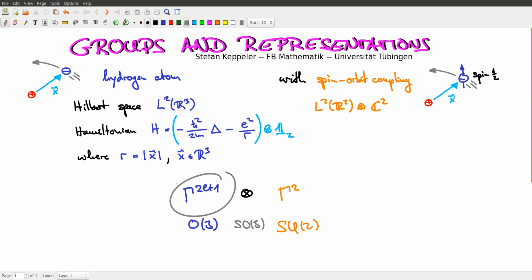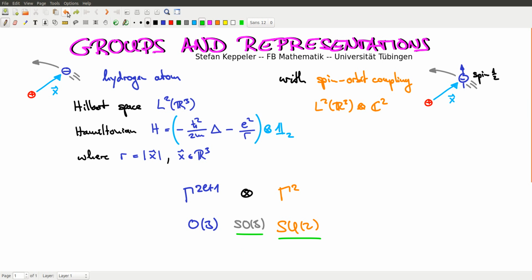We can also view them as this. And now there is a relation between these groups SO3 and SU2, which we will learn about a lot more in a few weeks. And it turns out that in the end, if something is rotationally symmetric in quantum mechanics, what we really need are representations of SU2.